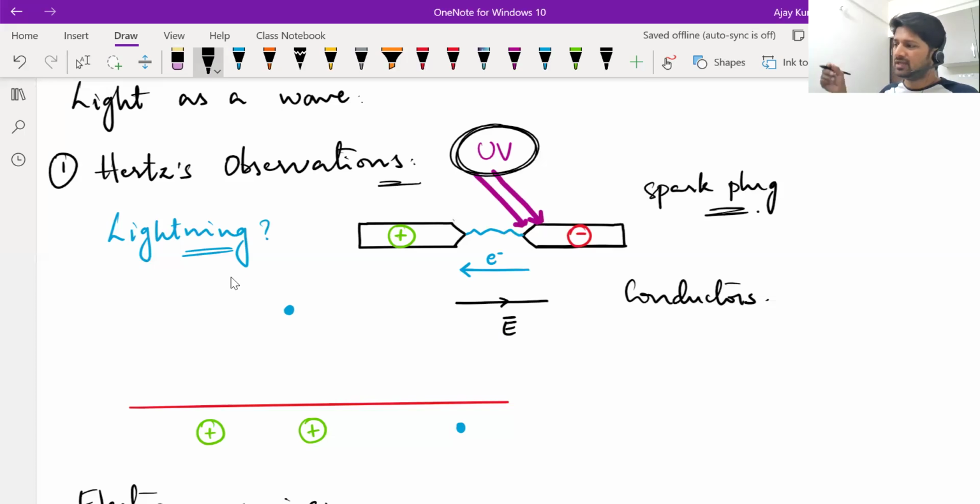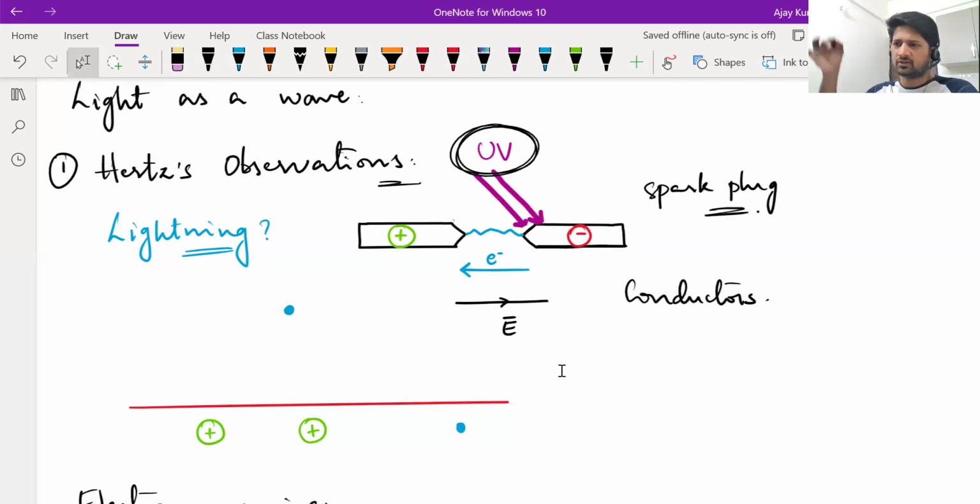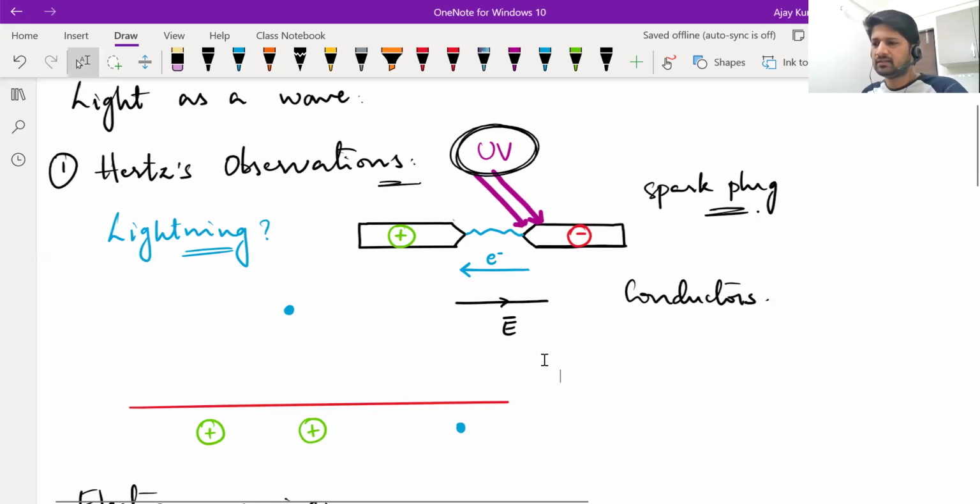So electrons will undergo collisions with the gas molecules, and that is what generates heat or that spark. So you may not observe this in vacuum. Lightning also is the same thing. There is a sudden discharge of electrons between the cloud and the earth, and they have to pass through the atmosphere, particles in the atmosphere. So when they undergo collisions, they generate a lot of heat and light. So based on Hertz's observations, it can be concluded that radiation is somehow helping electrons to get out of the metal surface.